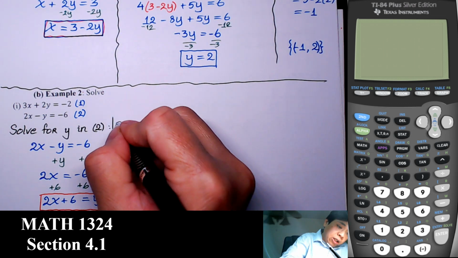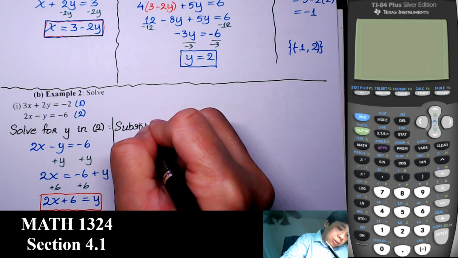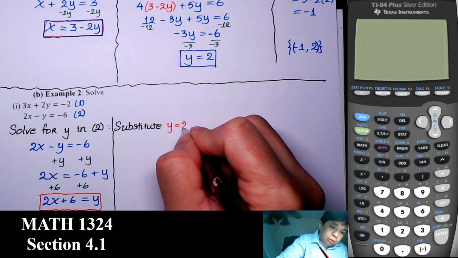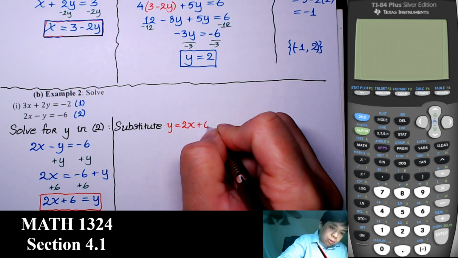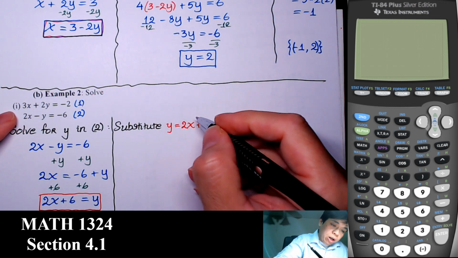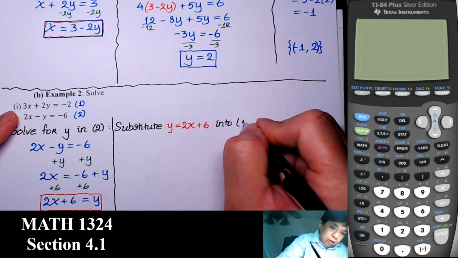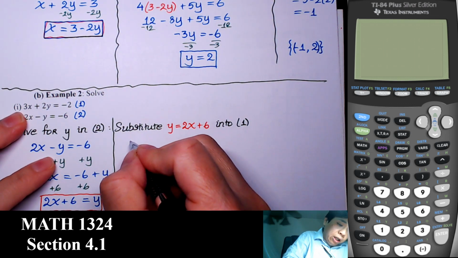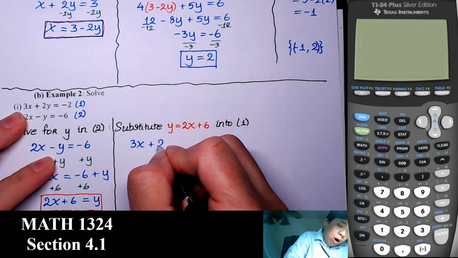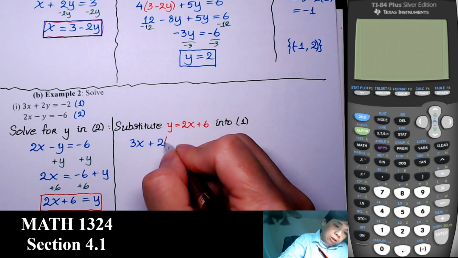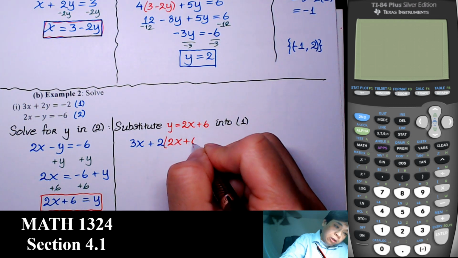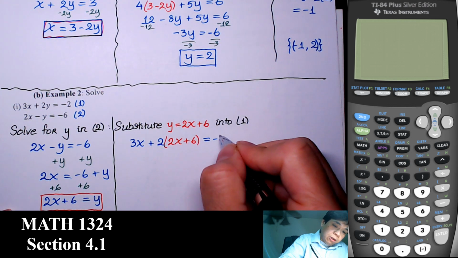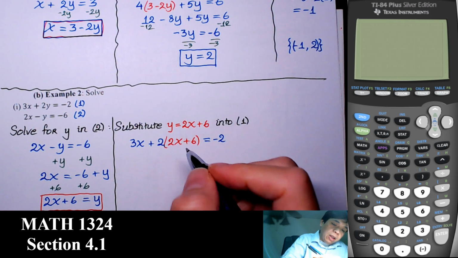Now for the substitution, we will substitute into equation 1. So 3x plus 2y, with y being 2x plus 6, equal to -2. Now just solve for it.